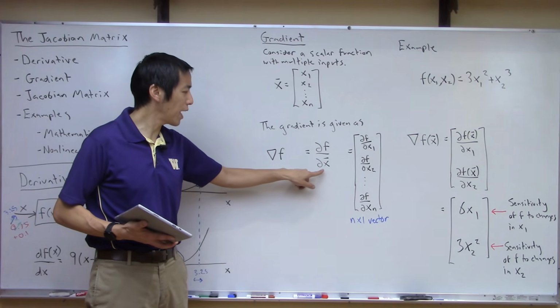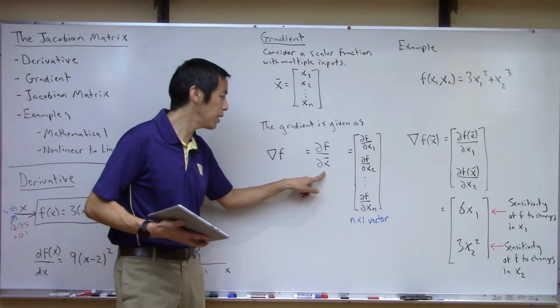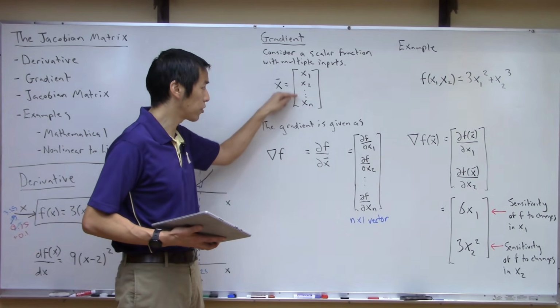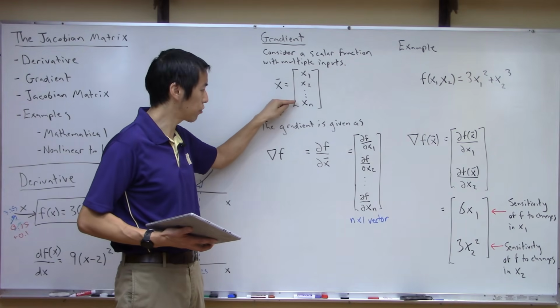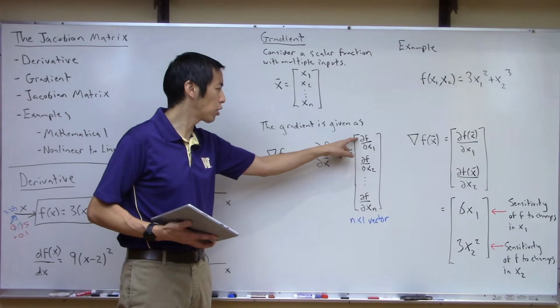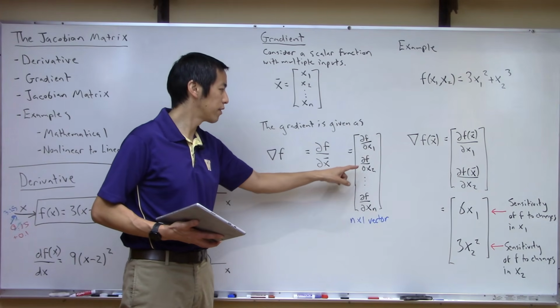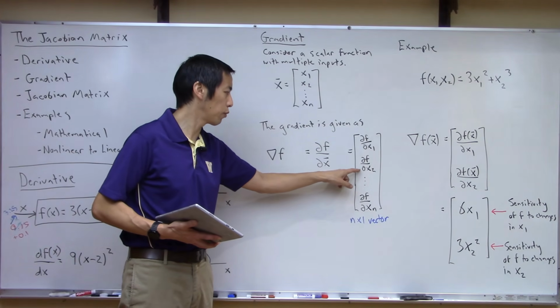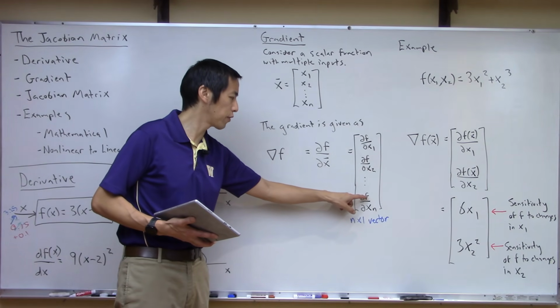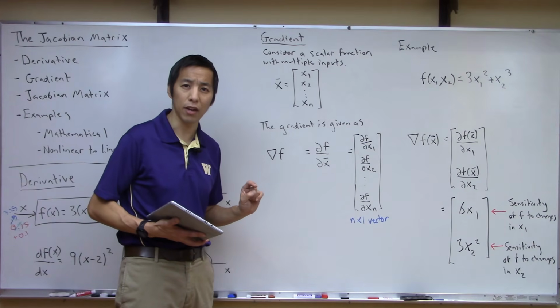You have to remember that this x bar is a vector, and there are n independent inputs. So this notation just means the partial of f with respect to x1, stacked on top of the partial of f with respect to x2, all the way down to the partial of f with respect to xn.